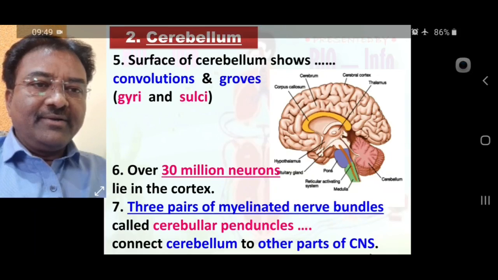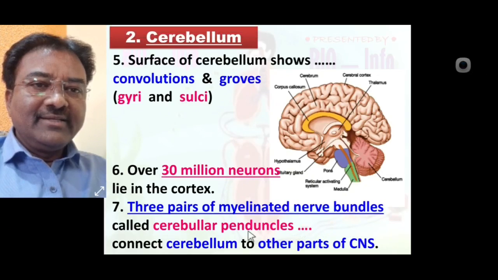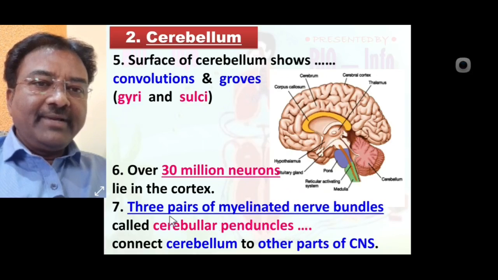Cerebellum connects to other parts of the CNS with the help of cerebellar peduncles, which are made by three pairs of myelinated nerve bundles. How many pairs of myelinated nerve bundles form cerebellar peduncle?